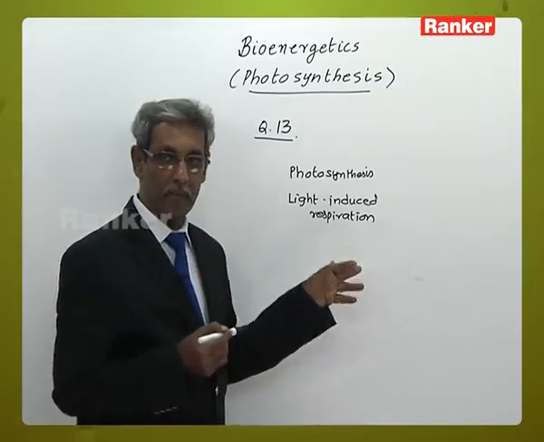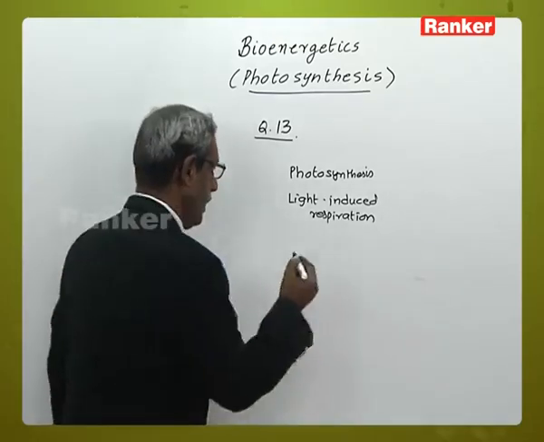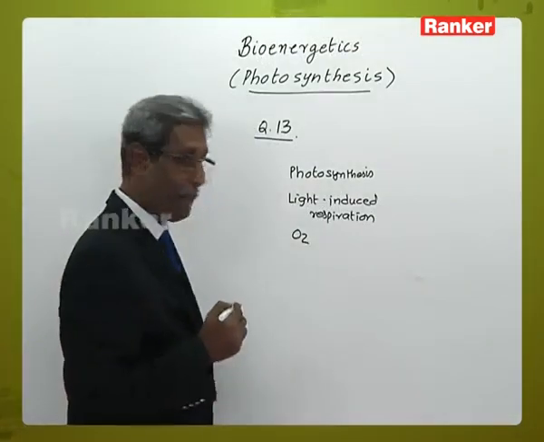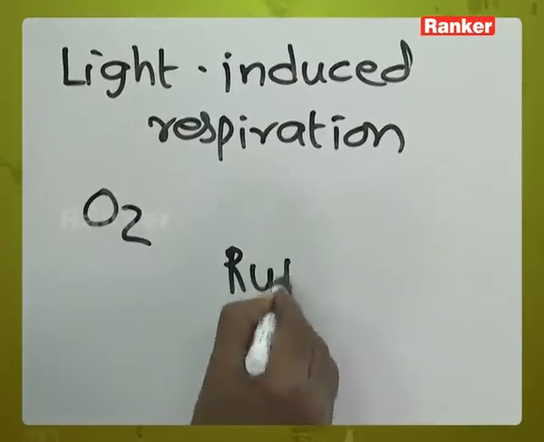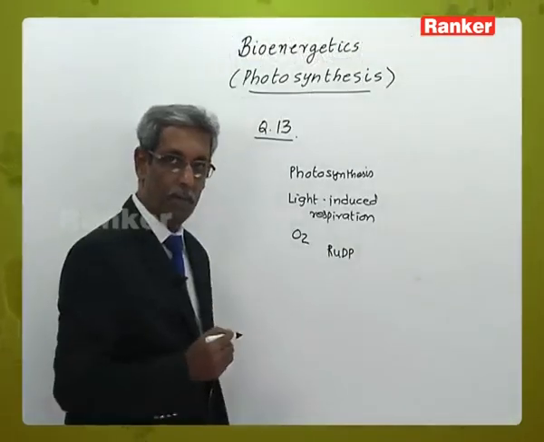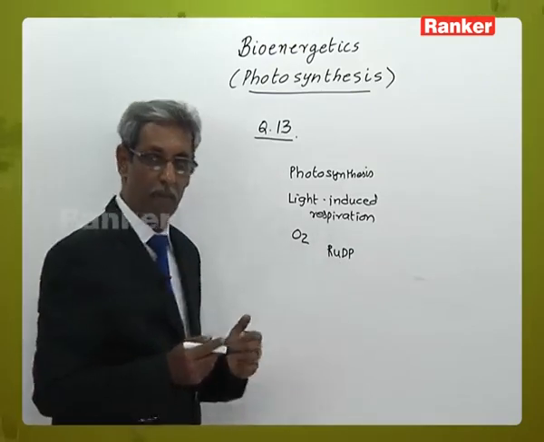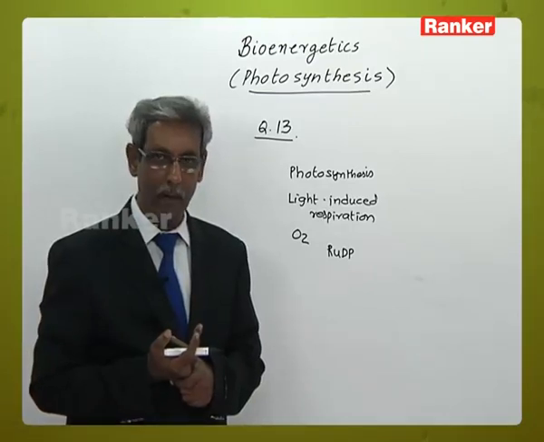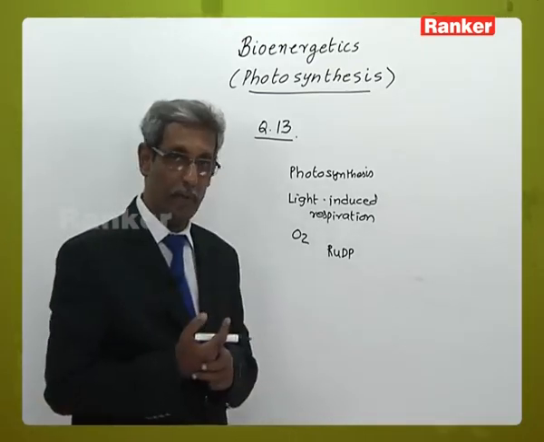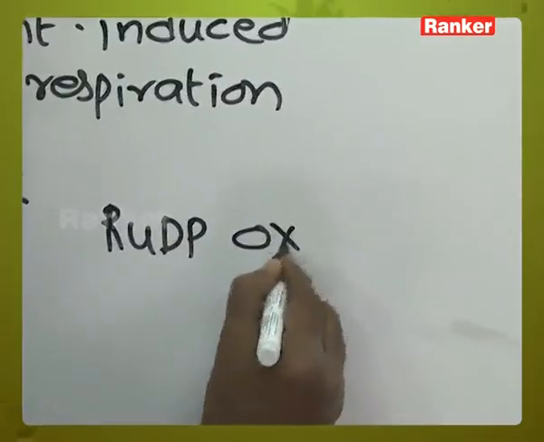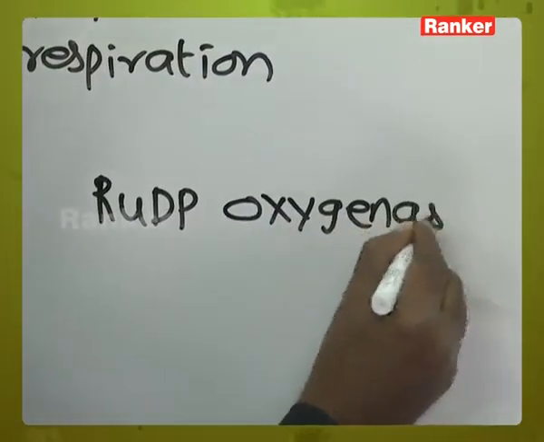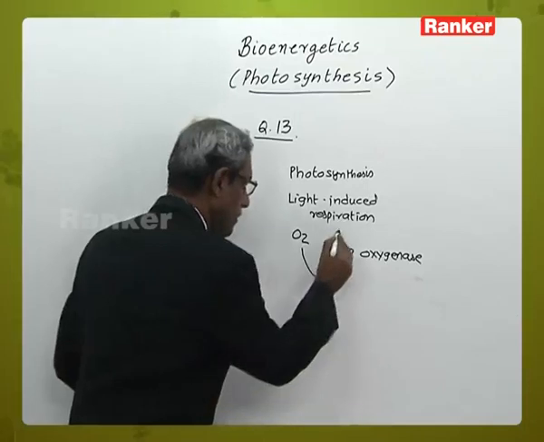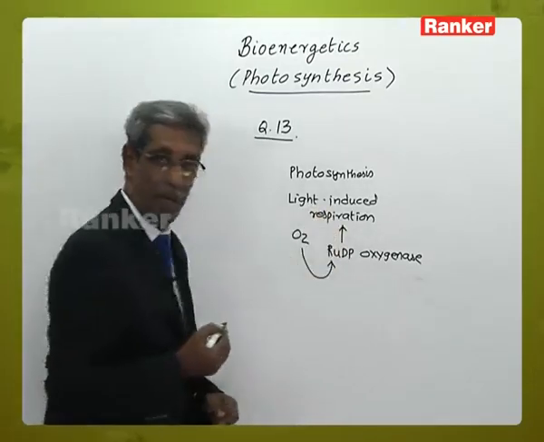During light induced respiration, in the presence of light, any oxygen which is available outside the plant is accepted by the plant and taken by the enzyme ribulose diphosphate. Normally ribulose diphosphate can exist in dual roles. It can form ribulose diphosphate carboxylase which can catch carbon dioxide. Otherwise, here we have ribulose diphosphate oxygenase, which takes in oxygen and performs respiration in the presence of light.